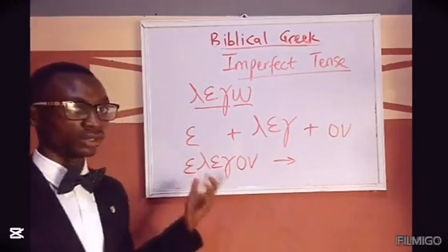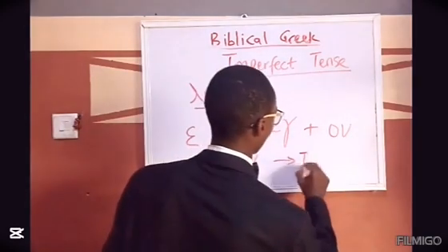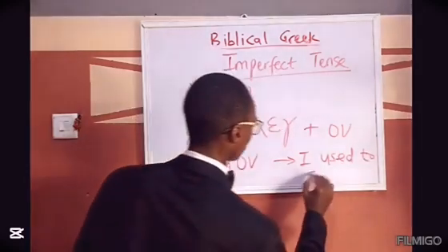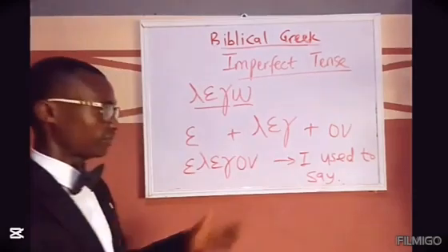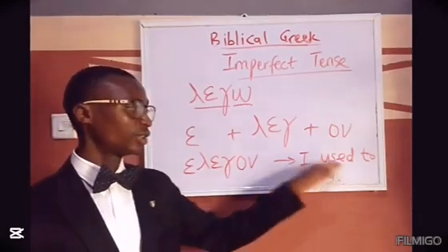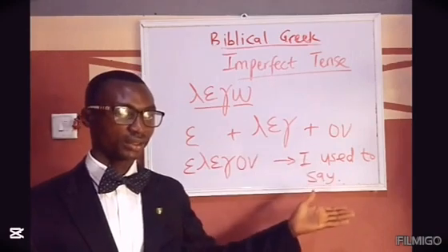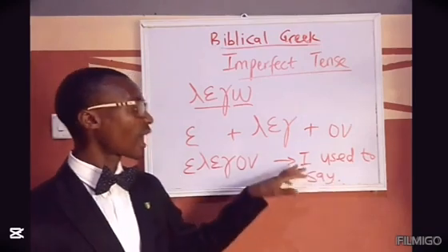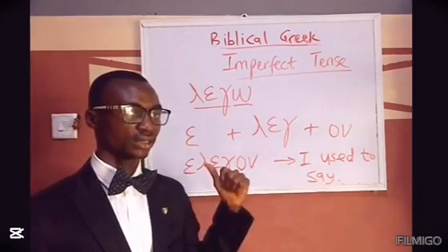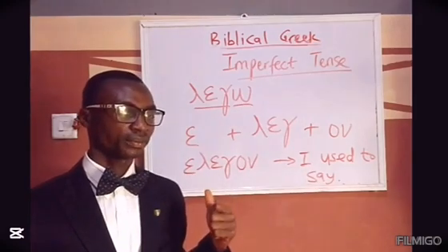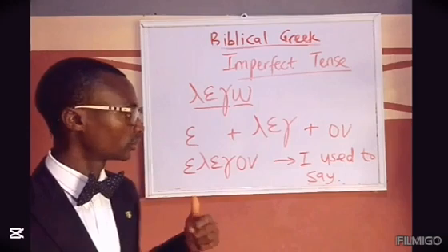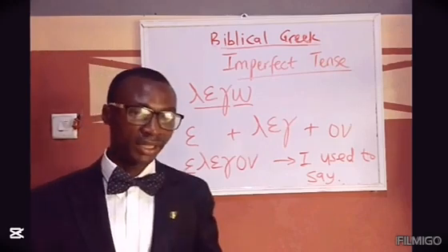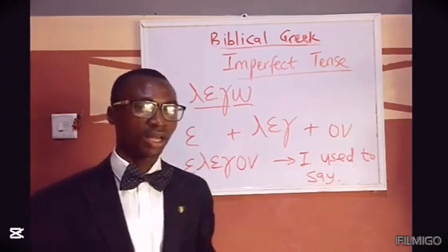elegon. And elegon means I used to say, or I used to speak. That's a translation. But it could also be translated as I was saying or I was speaking, depending on which is best or suitable for the particular discourse.